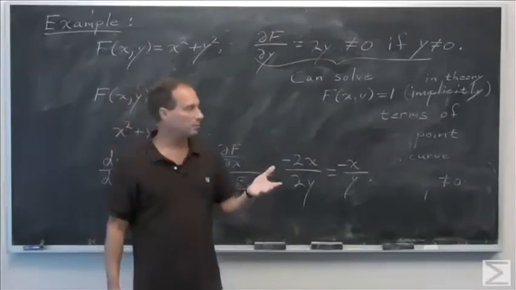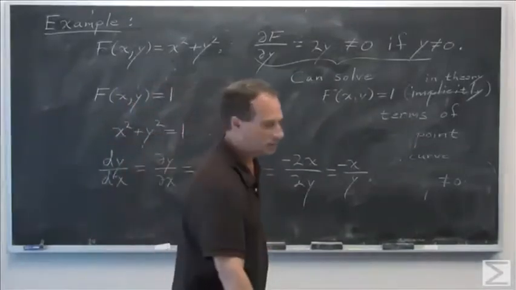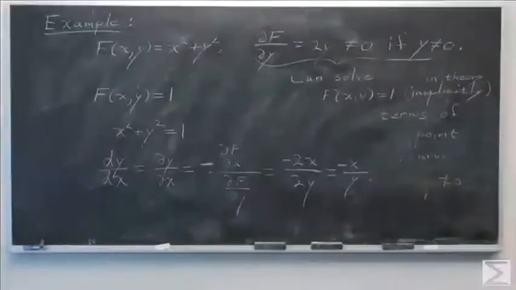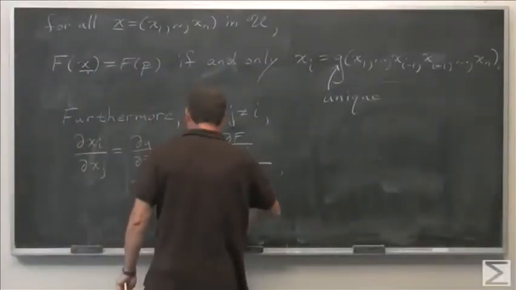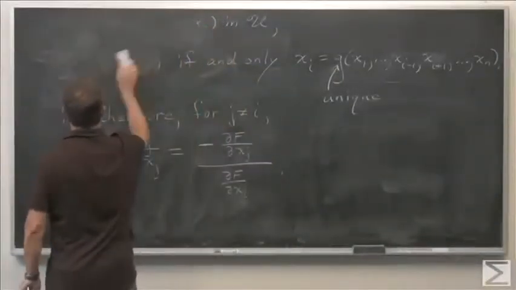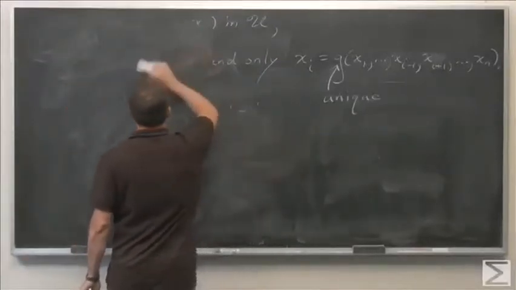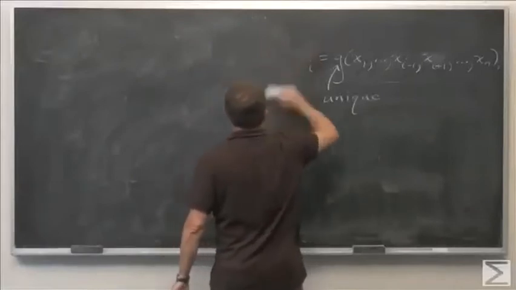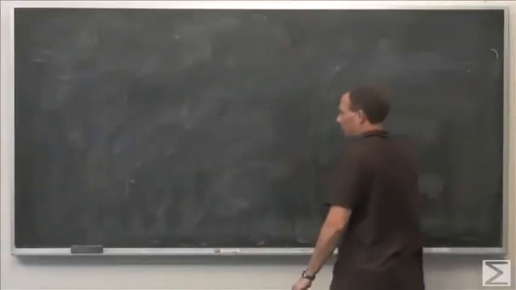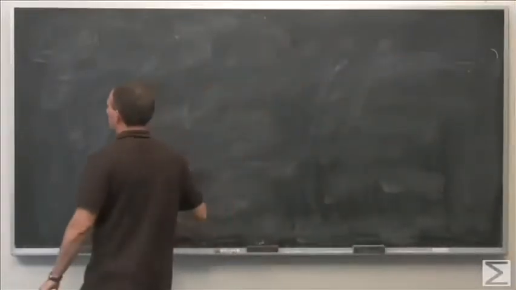All right, let's look at a more complicated example, but really, if you understand the implicit function theorem in that easier example, you probably will have no trouble with it here. But let's look at one more complicated example.